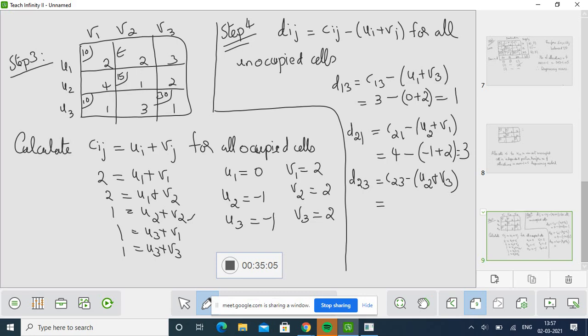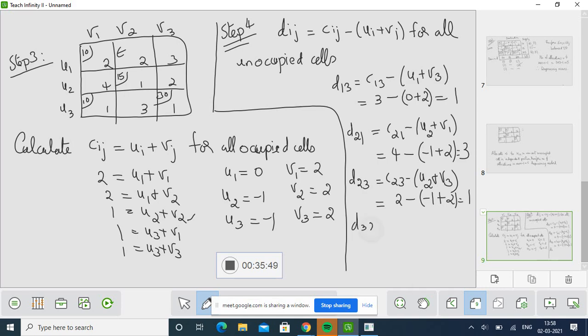Second row, third element. 2 minus, what will I have inside this bracket? Minus 1 plus 2 value will become 1. So D23 is also positive, value is 1. That's what I got first as the answer itself, I believe.